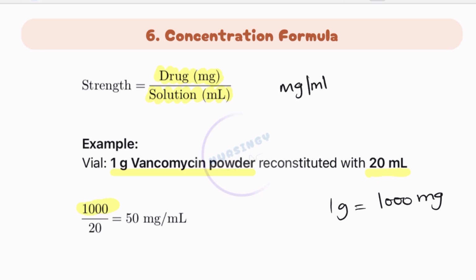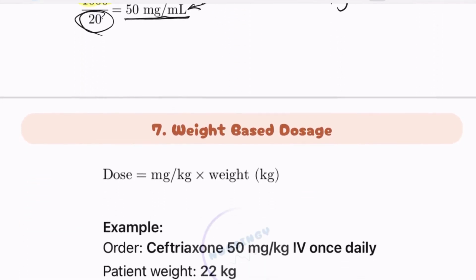We will divide it by 20 ml of solution in which we are reconstituting it. So it will give us the correct value of strength, that is every ml of solution contains 50 mg of vancomycin. So this is also a very important formula you guys need to remember.